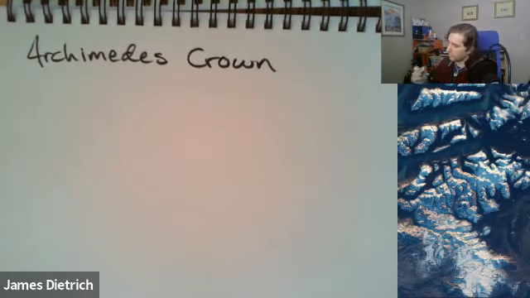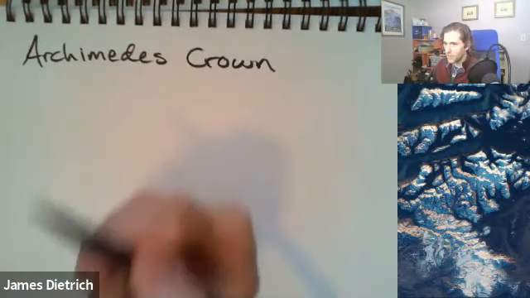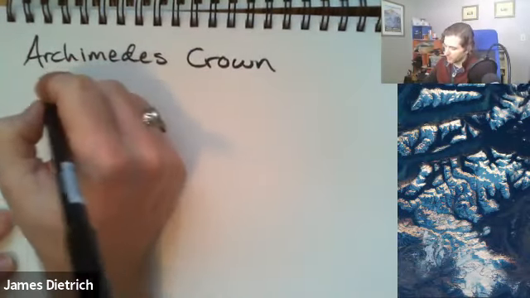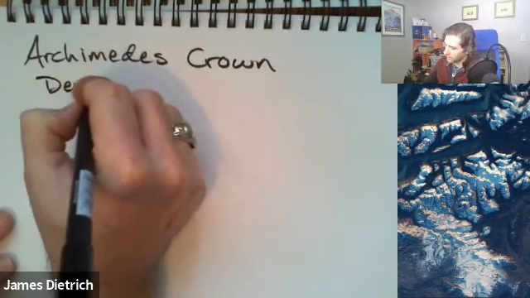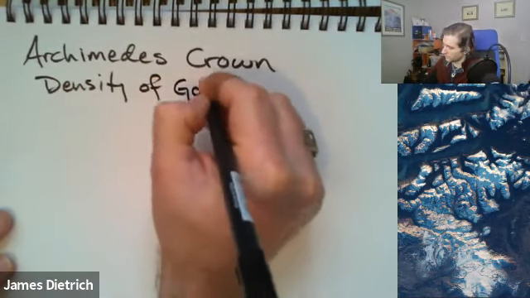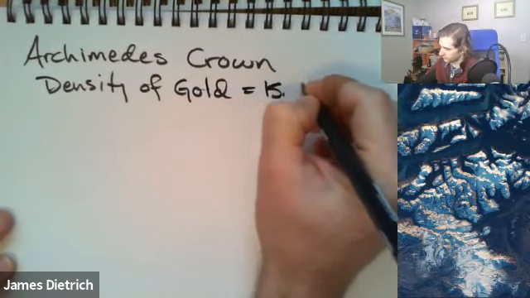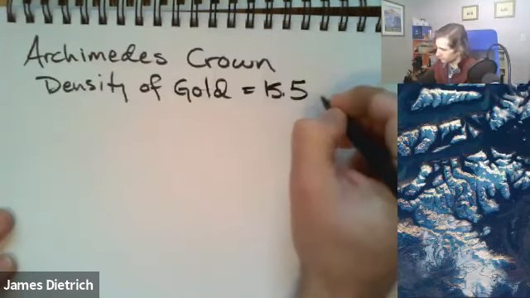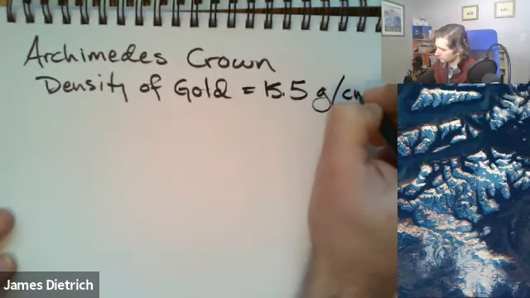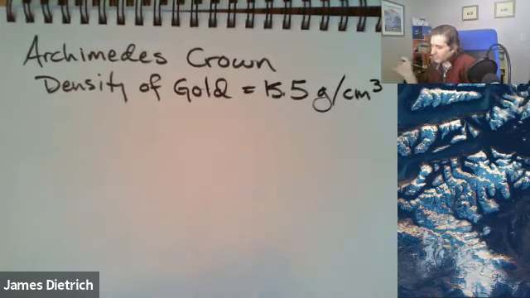The trick with this is that we can assume that we know the density of gold is 15.5 grams per cubic centimeter.